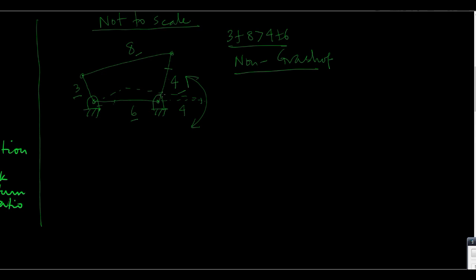What is that maximum? Well, 6 plus 4 is 10, 3 plus 8 is 11. We know they have to be collinear, but they can't be in the stretched out position, so they have to be in the overlapping position. 8 minus 3 is 5, and so over here, let's say that is 5. Suppose I draw a circle of radius 5, and this one is 4, so I draw a circle of radius 4.